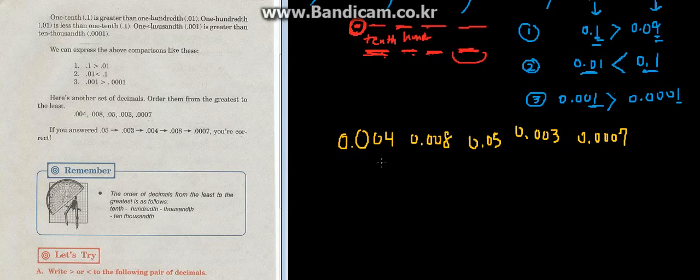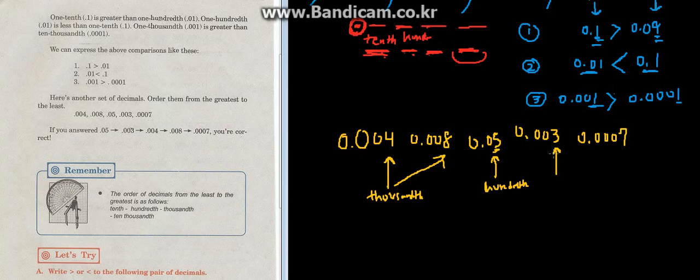Okay, so first look at the place value that the digit is occupying. In this first number, the 4, which is the only non-zero digit, is in the thousandth place, right? Same here, the 8 is in the thousandth place, but in the third number, the 5 is in the hundredth place.